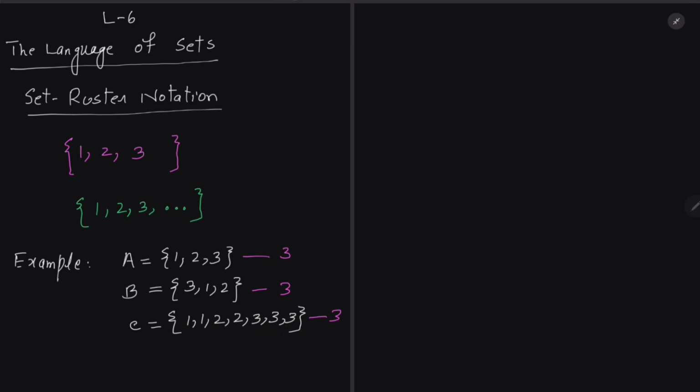And the order does not matter in the set. Here we have 1, 2, 3, here we have 1, 2, 3, and here we have 1, 2, 3. That's how we write the roster notation and how we count the elements.